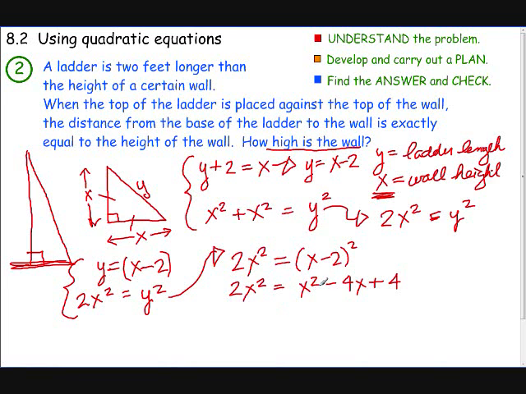I've got a quadratic, so yes, zero product property, of course. Wow. Well, I better be thinking about getting my 0 over here. So I'll subtract x squared from both sides, and my 2x squared becomes 1x squared. I'm going to add 4x to both sides, and I'm going to subtract 4 from both sides.